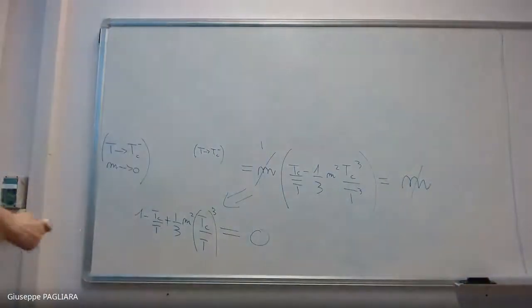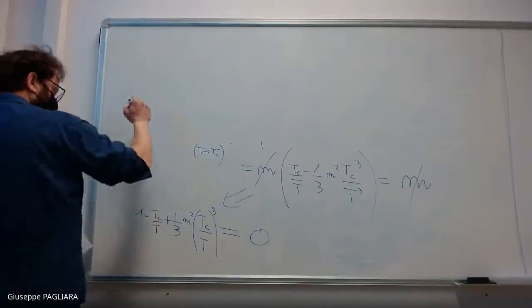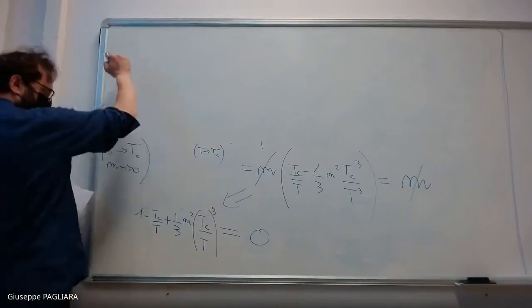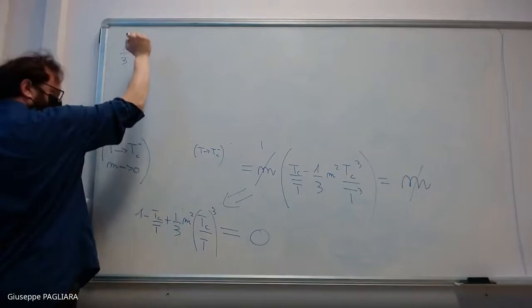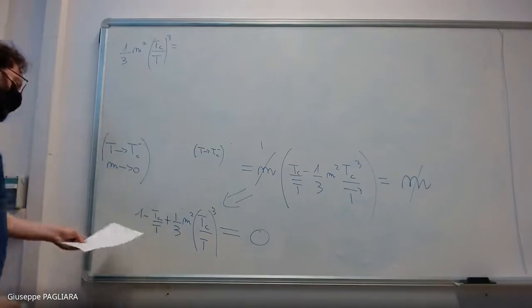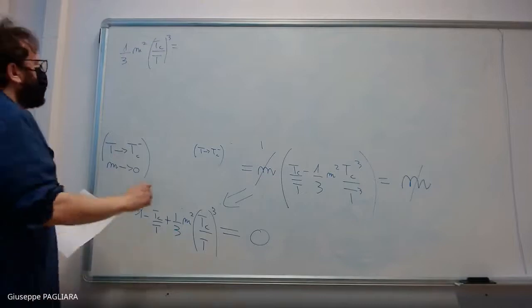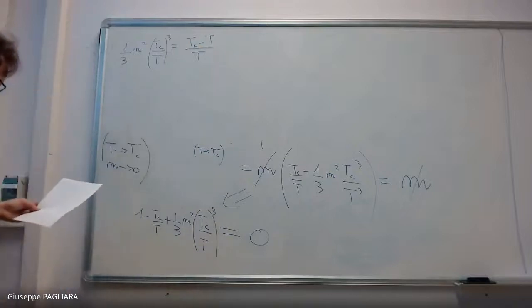So from this equation I can write that T minus Tc divided by T, and so here I have 1/3 M squared Tc divided by T to the power of 3. This guy here is equal to Tc minus T divided by T. Okay.